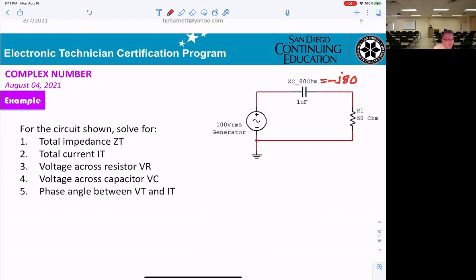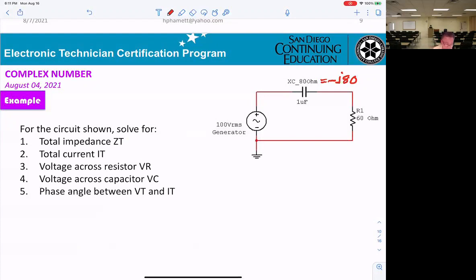The thing is we already know. XL, you get the positive J. XC, you get the negative. XL, XC all the time, opposite. One going up, the other going down.